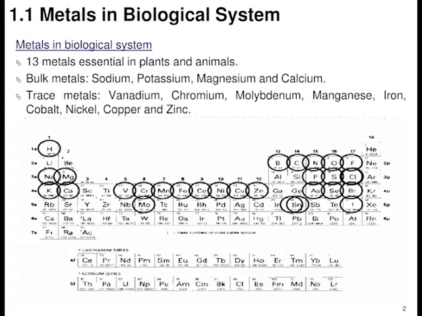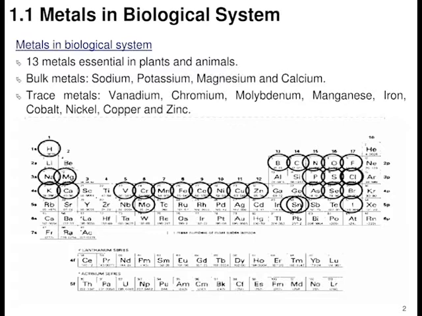Okay, so in our body system, we know that the most important elements responsible for bodily function and also our body structure are carbon, hydrogen, and nitrogen. They are the building blocks for our proteins, carbohydrates, nucleic acids, and lipids.